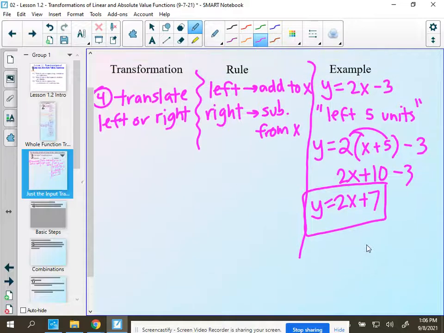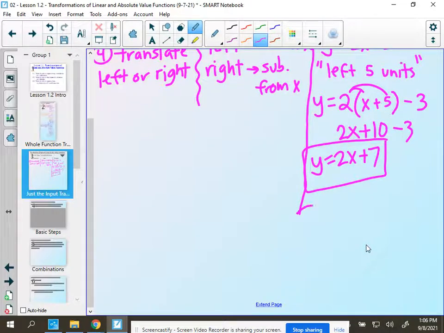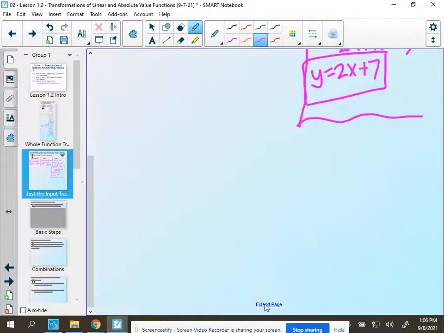Okay, let's do an absolute value one. Just an example here. We'll make one up. I need a little space. Let's go y equals absolute value of x. Here's the original, minus 4 plus 6. Same numbers over and over, whatever.